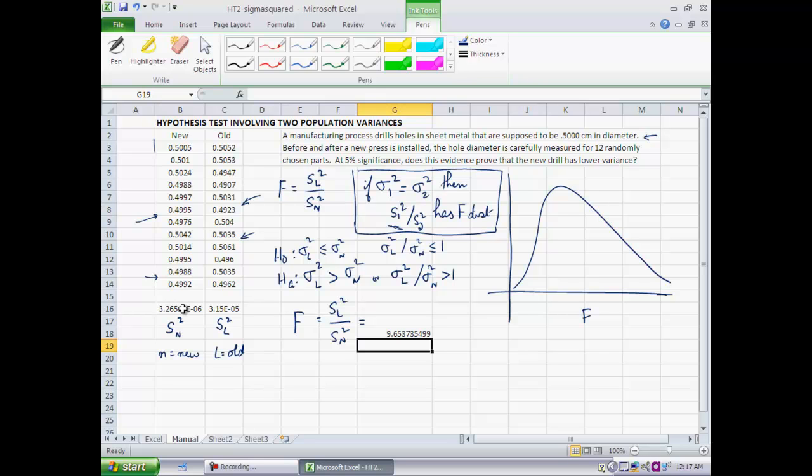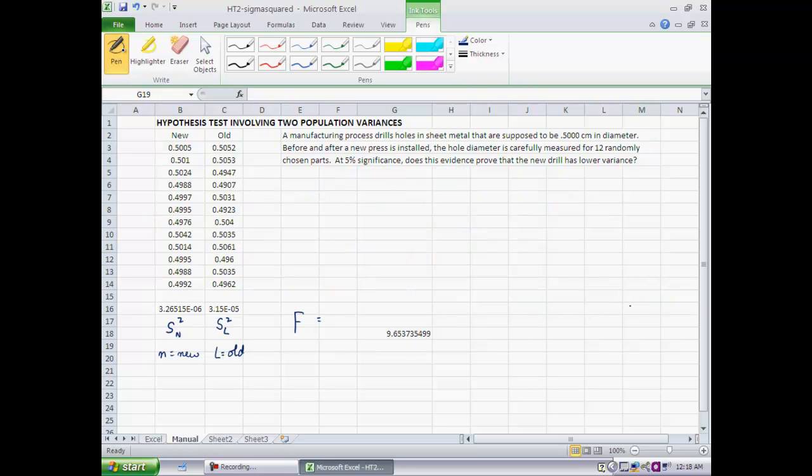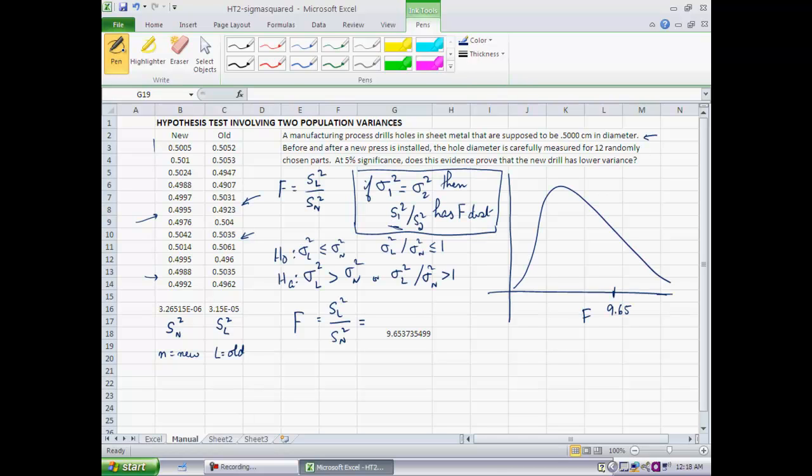I sort of shifted one cell below, but that's what the F ratio is. So here on the x-axis is 9.65. So next step, we will use this ratio to decide whether or not to reject the null. How do we go about doing that? One of the ways to do so is to use what is called the p-value method.